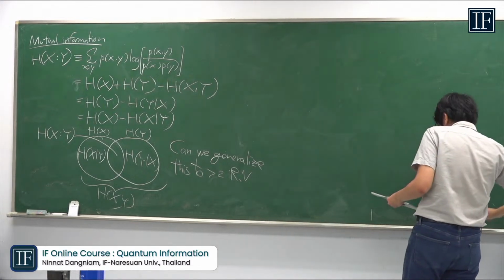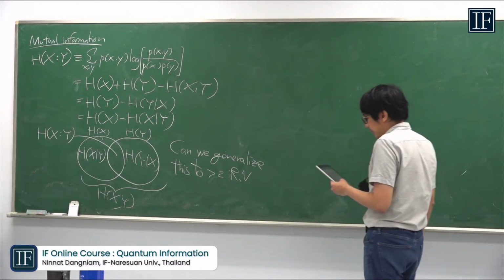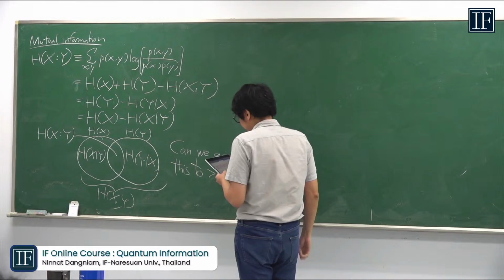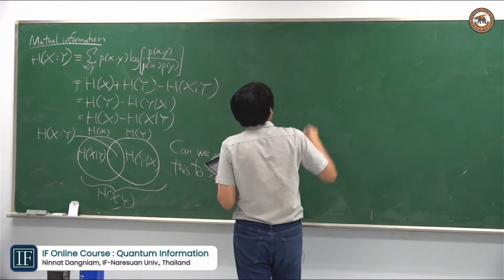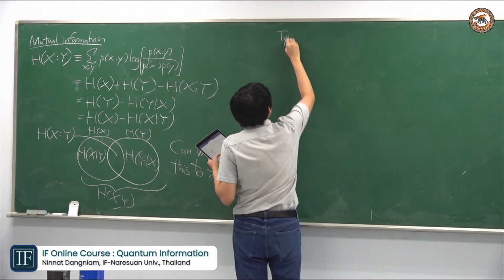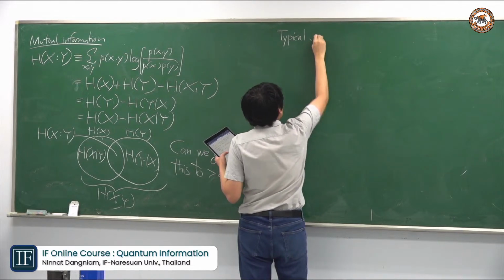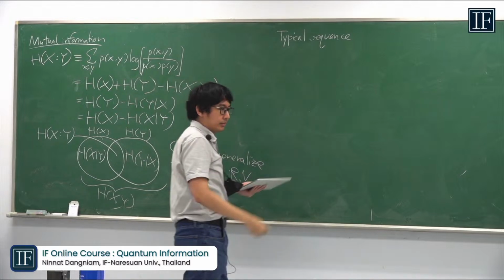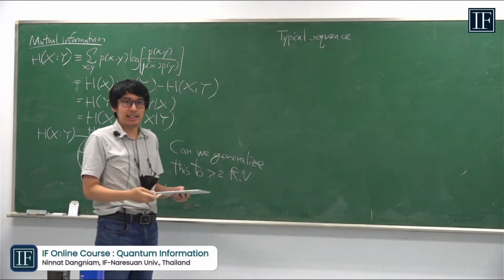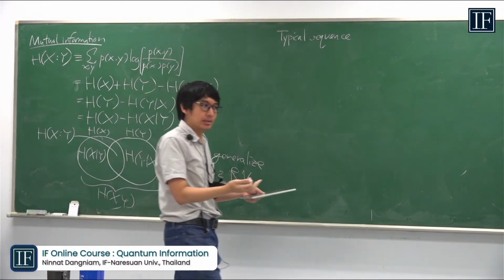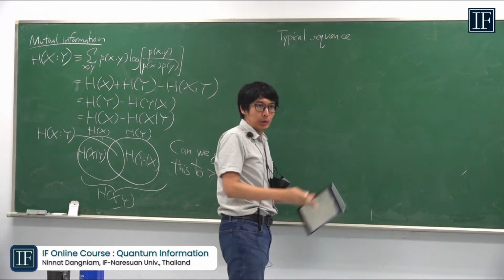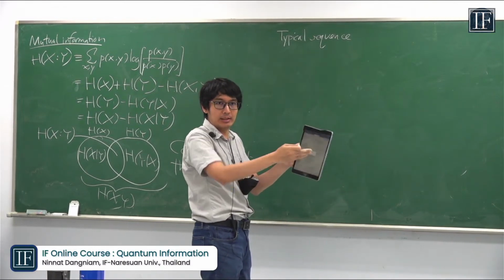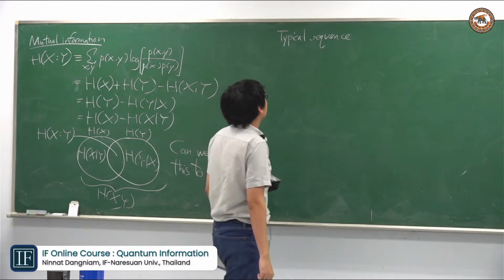Okay, right. So we had shown previously that for a typical sequence, we are now back to the situation where we roll a d-sided die n times and look at a length-n sequence of symbols.